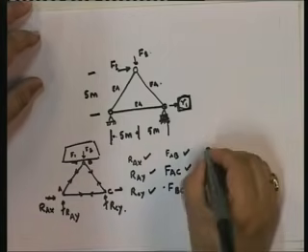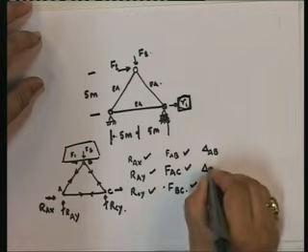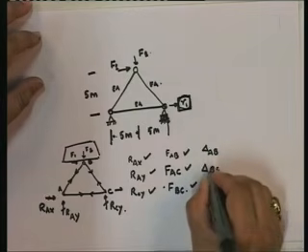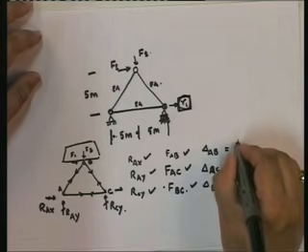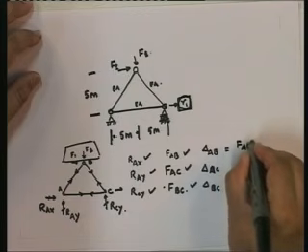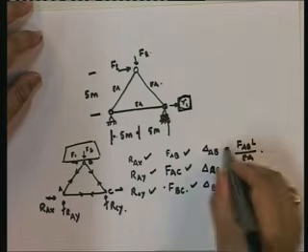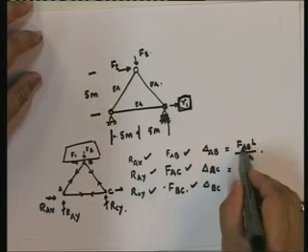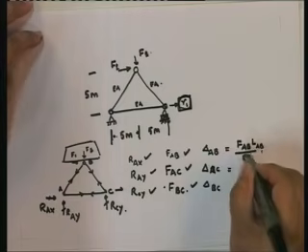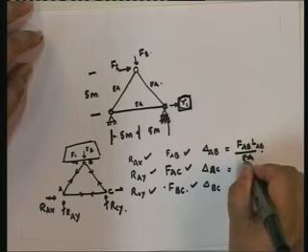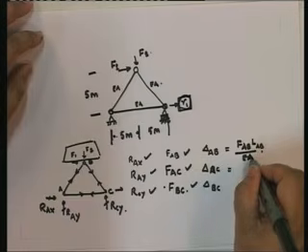Now, I can find out the axial deformation in member AB, in member BC, in member AC. How can I find these out? This is something that you should know. The axial deformation is given in terms of the axial force. Right? The axial force divided by A gives you stress.